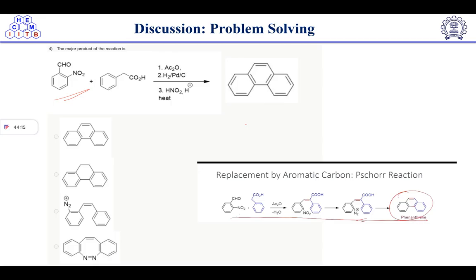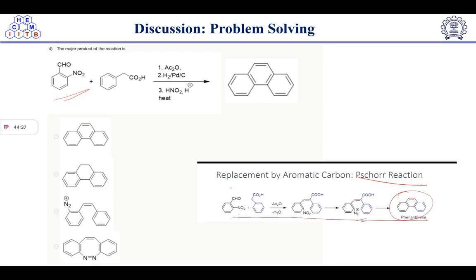So here the replacement of aromatic carbon is there, correct? Which is known as the Meerwein reaction. We have discussed the Meerwein reaction right now. So what will happen first? We know that acetic anhydride is there in our reaction.